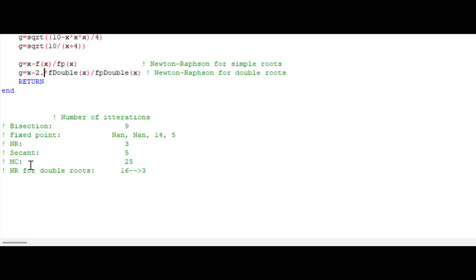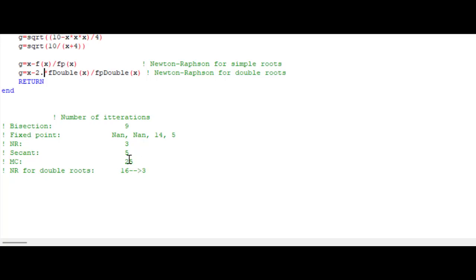And here I have the Newton-Raphson for the double root: 16 for the standard Newton-Raphson method, and 3 for the modified Newton-Raphson method based on the order of the root. Based on our comparison, as you see, the Newton-Raphson method is the most efficient algorithm, but for simple roots. And for double roots or multiple roots, you need to modify the method.